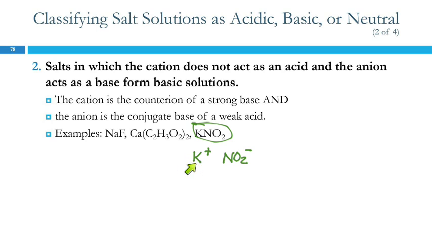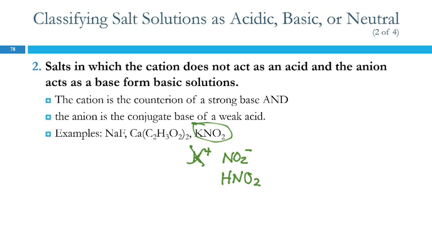Is this going to do anything to the pH of this solution? No, that's not going to matter. What acid does this come from? HNO2. Strong or weak? Weak. Weak acid, that means this can act as a weak base. Questions?